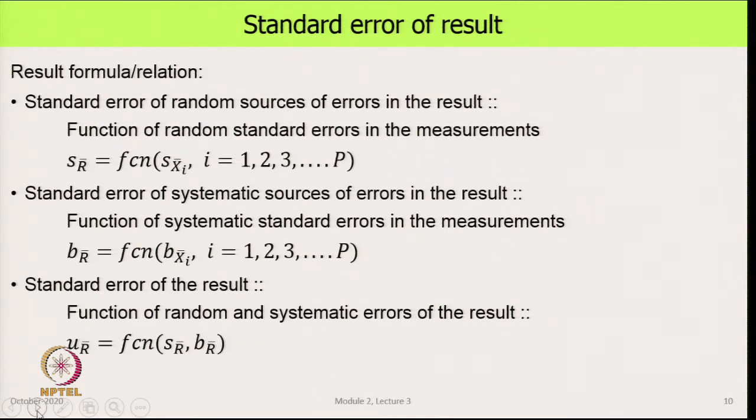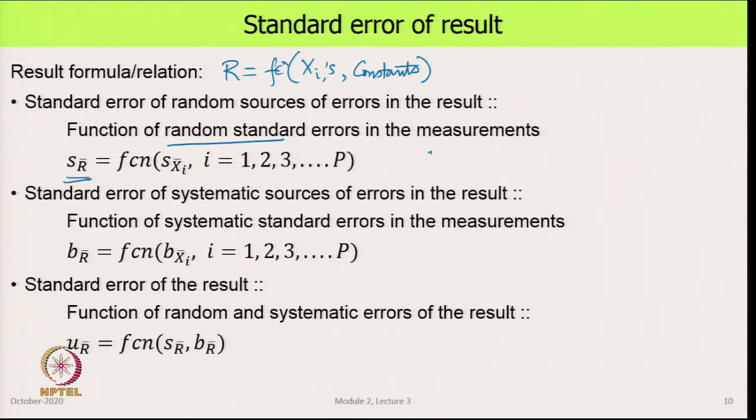So, the result formula relation that we use, this we have said that R is a function of all the xi's and various constants. Using that formula, we calculate the random standard uncertainty in the result and denote this by SR bar.